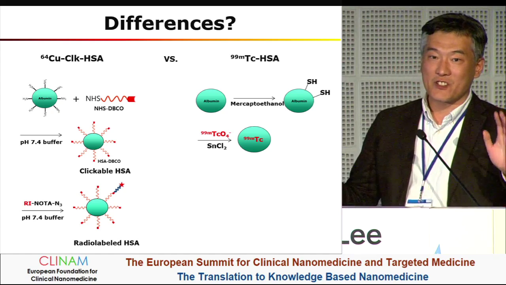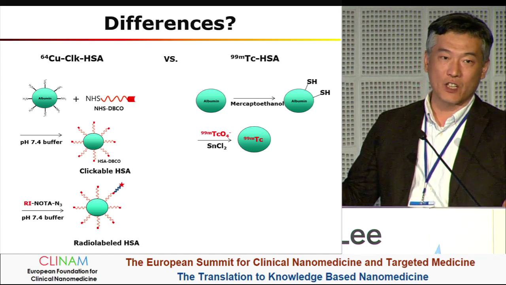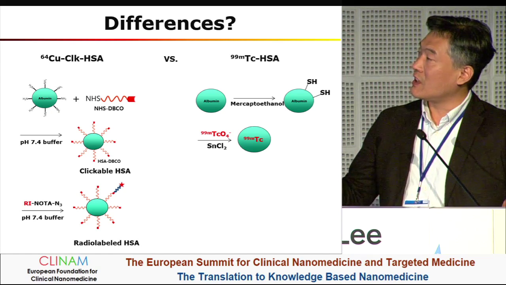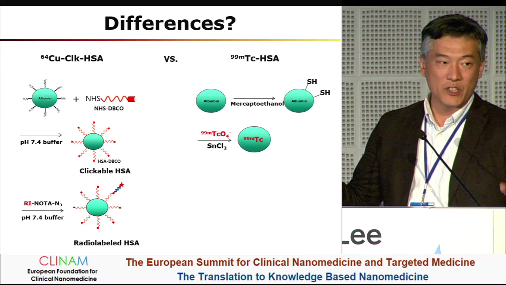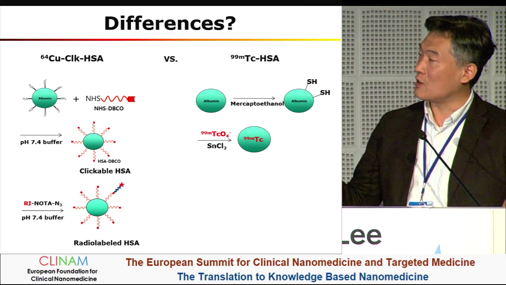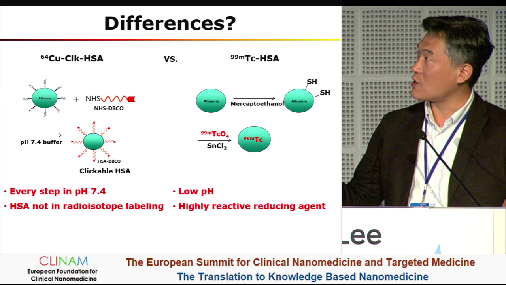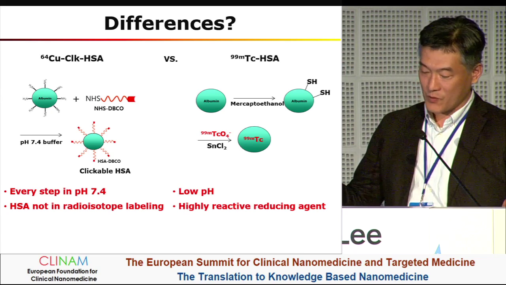Our system uses copper-free click chemistry for radiolabeling of copper-64. In the case of the technetium-labeled one, we used several reducing agents or low pH. So this is the difference between the technetium and our new labeling procedure.